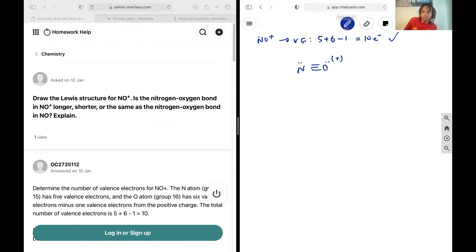Let's go about doing the one for NO, and then we can compare them. For NO, we have for our valence electrons, 5 plus 6, giving us 11 electrons. And so if we begin with one bond in between them, we start like that. If you count them out, we'll have 14 again.